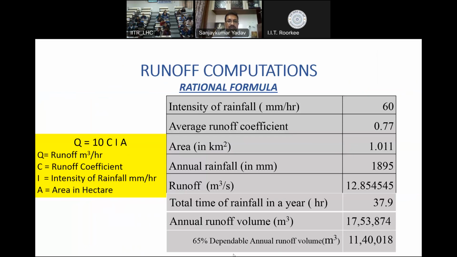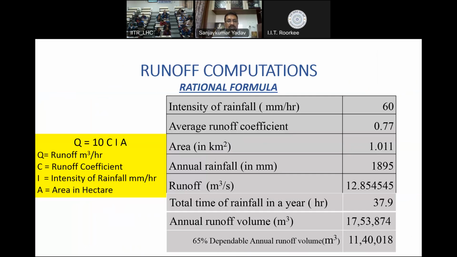The annual rainfall of 1,895 mm has been considered here. The 65% dependable annual runoff comes out to be 11,40,080.